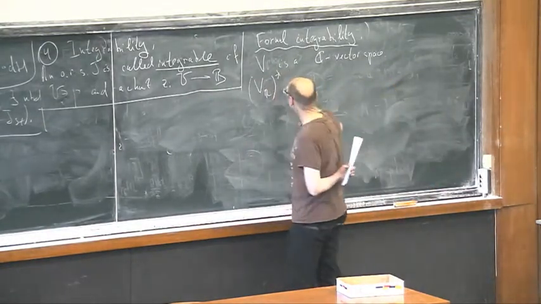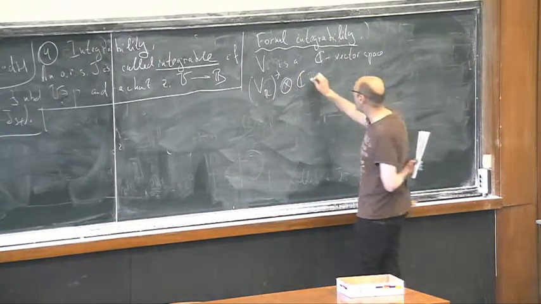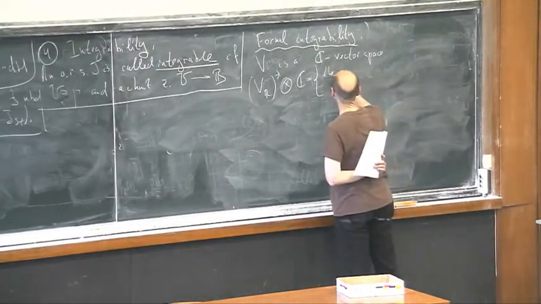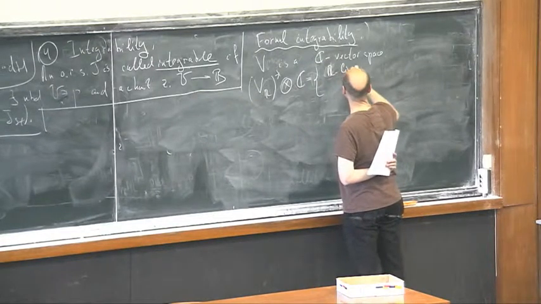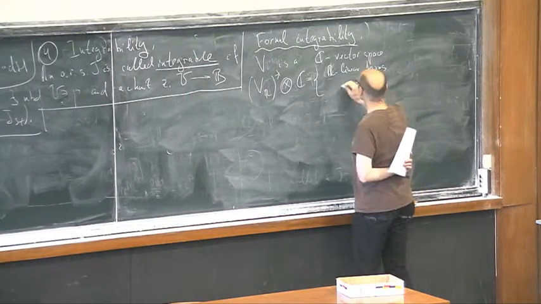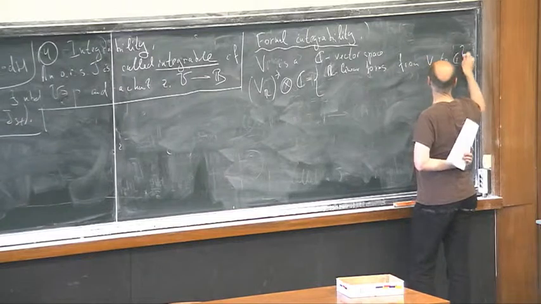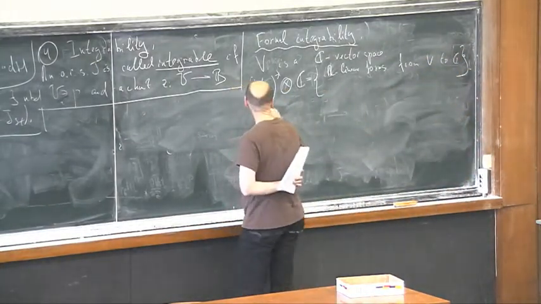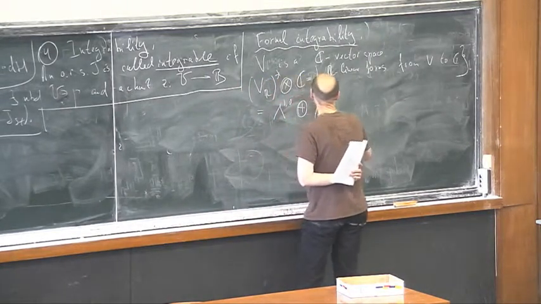Then I consider the dual space and tensor it with C. And this is simply the space of all C-valued R-linear forms from V to C, and it is very well known that you can decompose it as a direct sum.